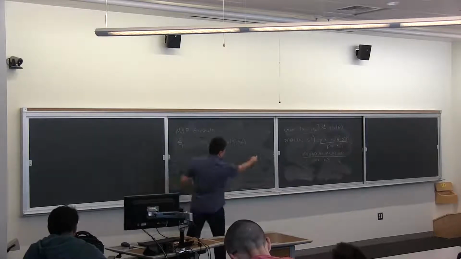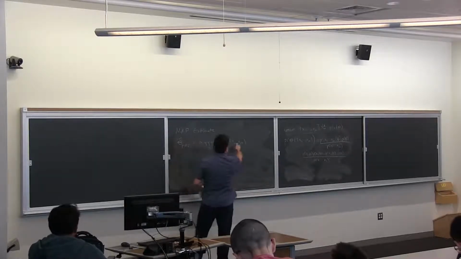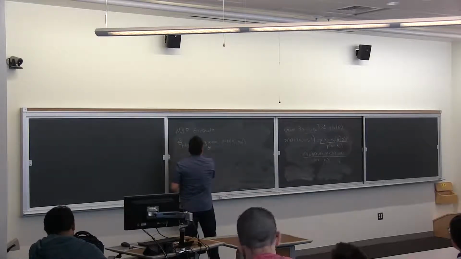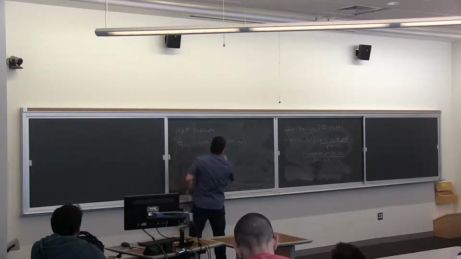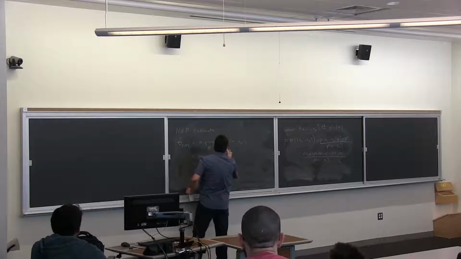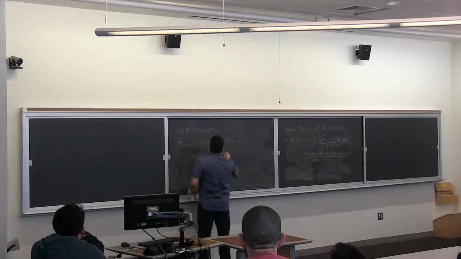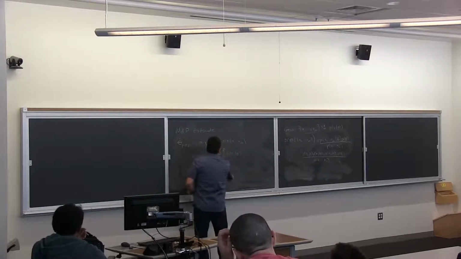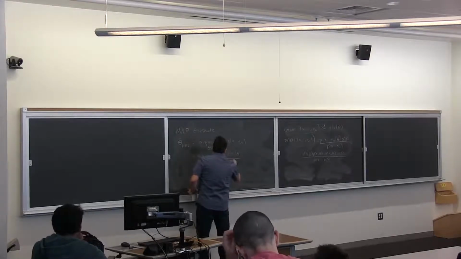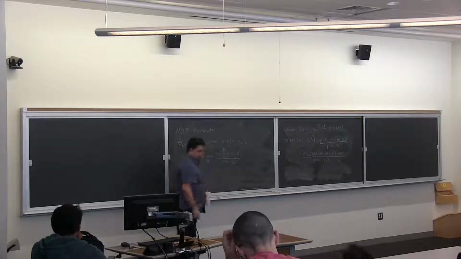And from that expression here, if my data set is IID, this becomes: maximize the product of P(x_i | theta) and I have a prior, like this, right?